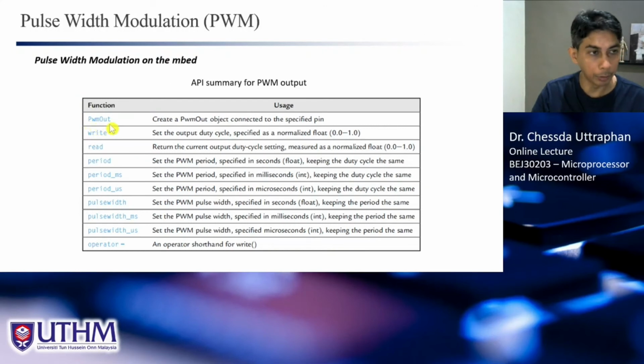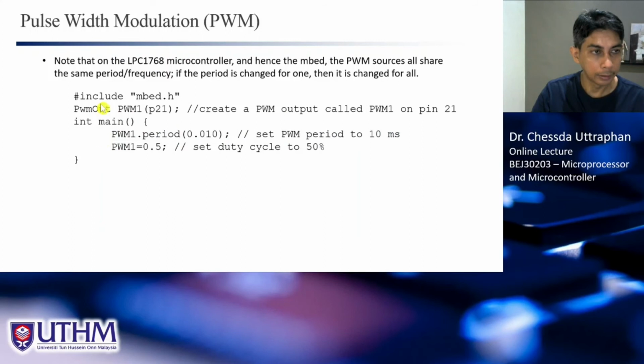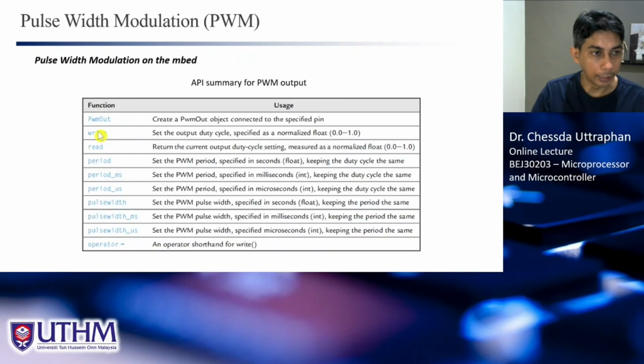We use PwmOut, and we can set the frequency or cycle of the PWM and the duty cycle of the PWM using the PwmOut function.